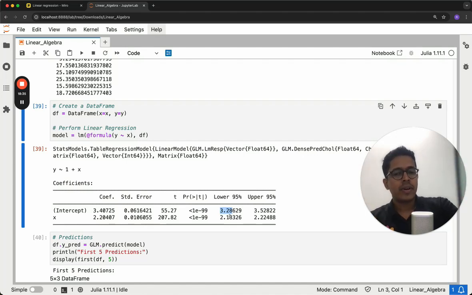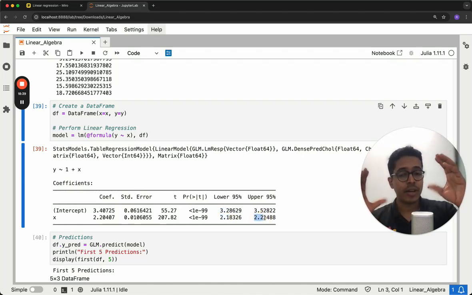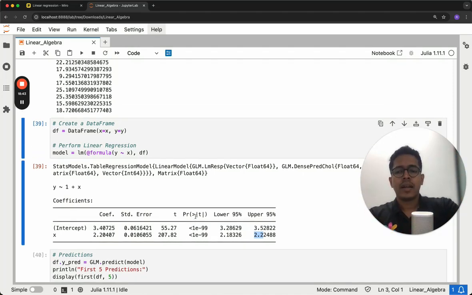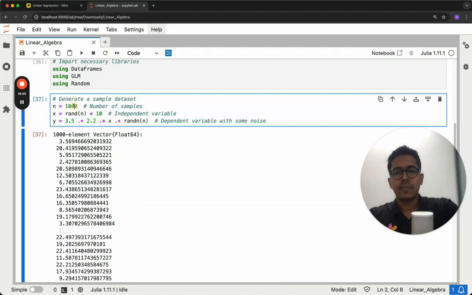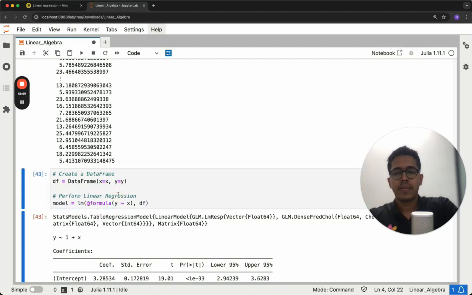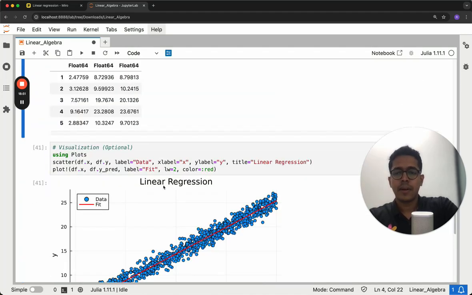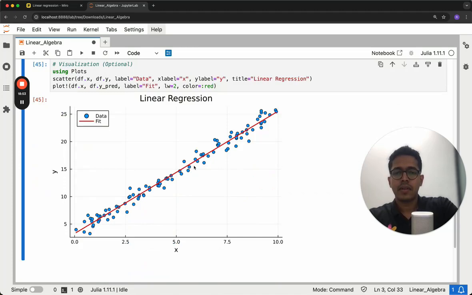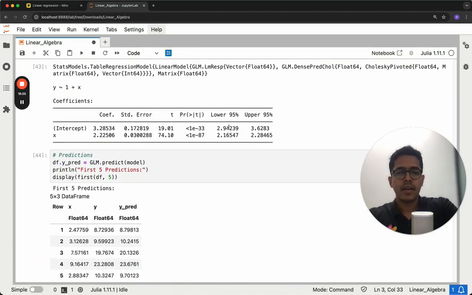And it's also confident that the slope will be between 2.18 and 2.22 in 95% of the cases. So this is very good. And if it is 100, I guess the confidence interval will reduce a little bit more. This is 100, and the confidence reduces, meaning the interval itself expands, and you can see that that's what's happening.